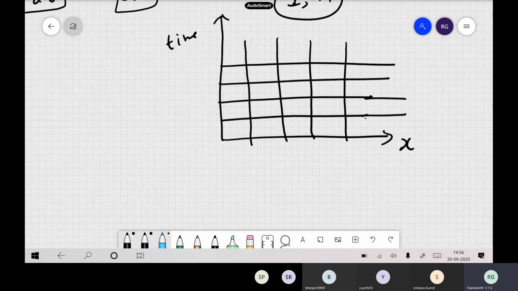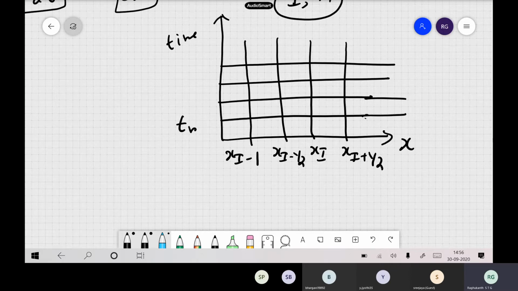If I write this as x I minus 1, then x I minus half, then x I, then of course x I plus half, and of course you can have x I plus 1 also. So now let us say t m minus 1, then t m minus half, then we have t m, then we have t m plus half.